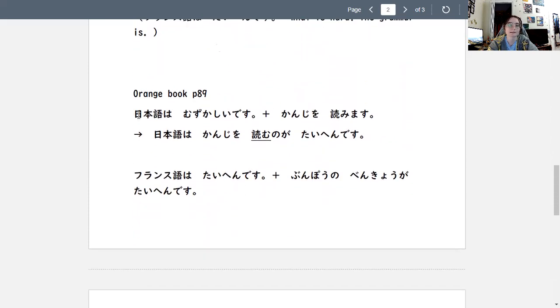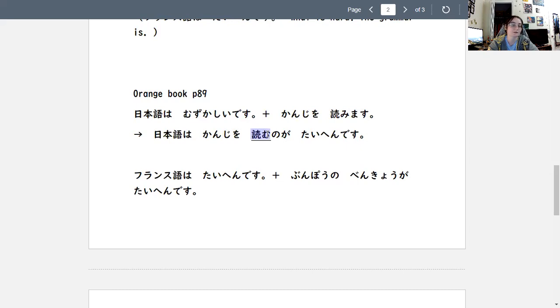Okay, and then this one is 日本語は難しいです plus 漢字を読みます. So you're combining these two sentences, and it looks like you're using the verb のが form. So it's 日本語は漢字を, and you're going to change 読みます, which is to read, to its dictionary form, which is 読む.